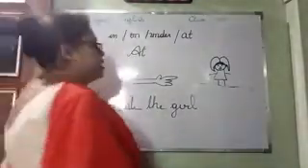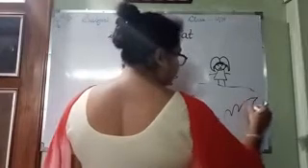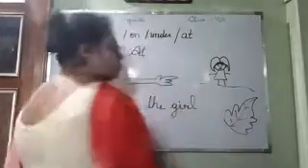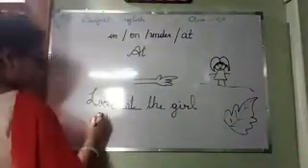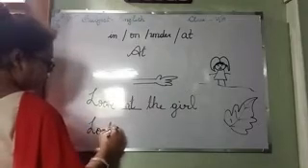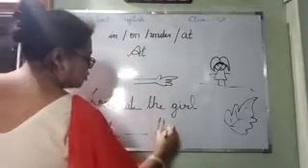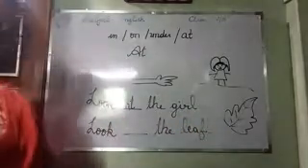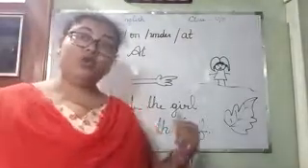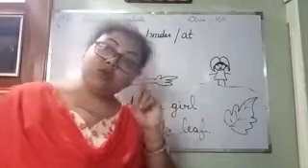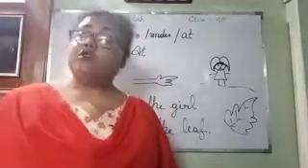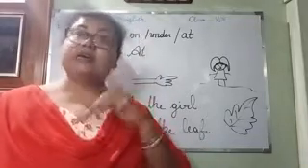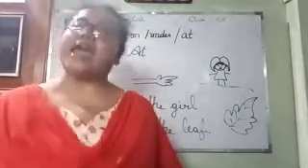Now, if I draw a leaf, then see what I am saying: look dash the leaf. That means I am telling you to look only and only at that leaf. So when we are looking exactly at the thing someone is saying, that time we use at.